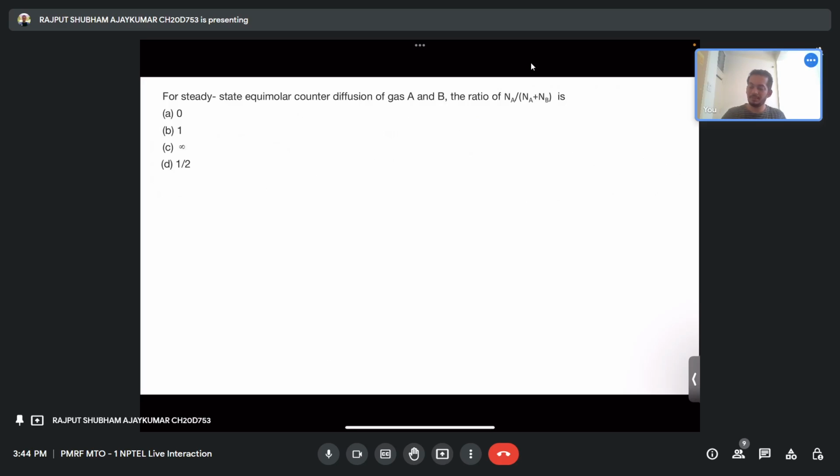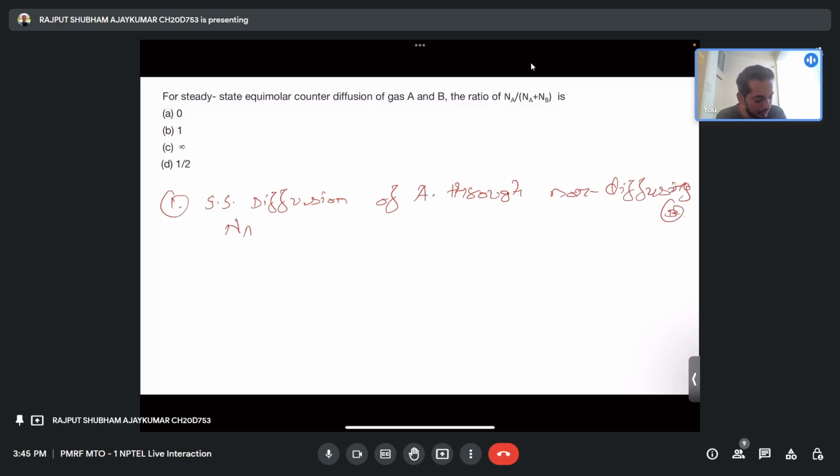Now this is one of the easiest ones. Like I said, there are two types. The first one is steady state diffusion of A through non-diffusing B. In this we can take the flux of A divided by flux of A plus flux of B equal to 1.